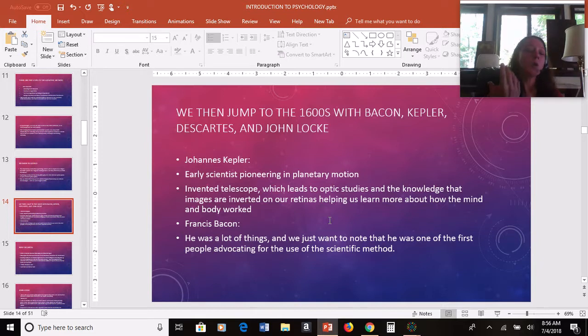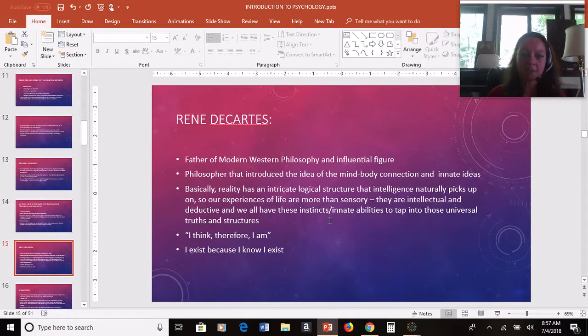He was really instrumental in helping all these other guys at the time redefine their ideas, get them put out into the public, and in making a lot of social changes. The main thing to note with psychology with Bacon is that he was one of the first main advocates for the use of the scientific method.